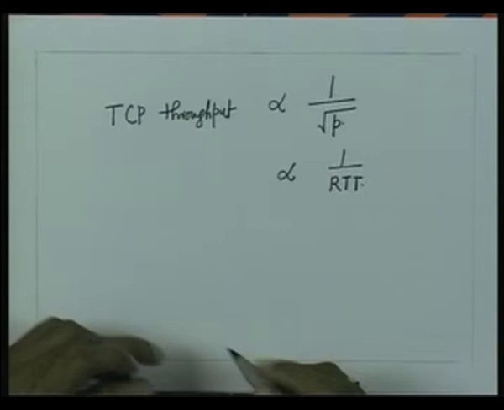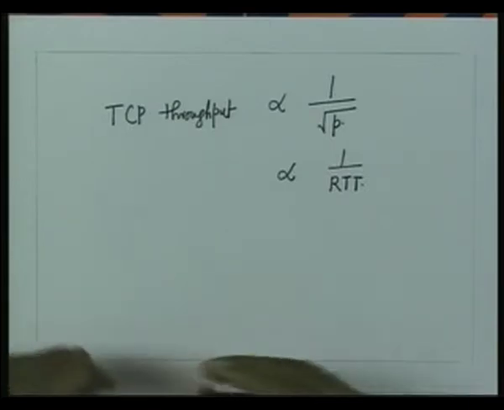So if some sources are situated at a greater distance, then the throughput of that source is likely to be lesser than a source which is situated at a smaller distance from the destination.